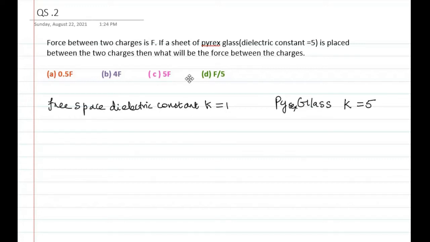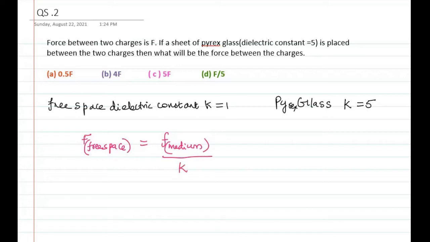So what is the relationship between the force in free space and force in some other medium? Force in free space is equal to force in other medium, other dielectric substance, divided by the dielectric value.